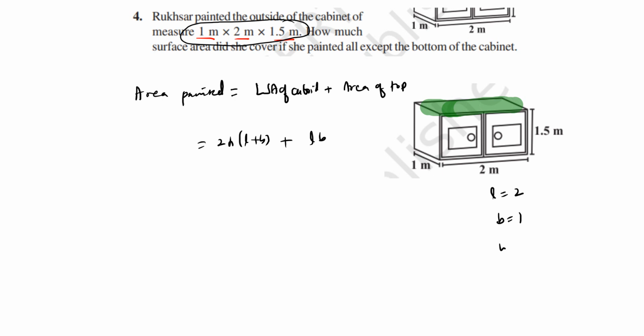So 2 into (2 plus 1) plus 2 into 1. So this will be 3 into 3 plus 2. This will be 9 plus 2, which is 11 meters square, the area she painted. Meter square, you must write the unit. If you forget to write the unit, I am extremely sorry.